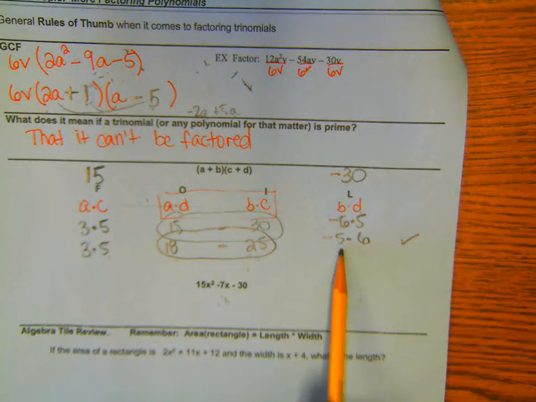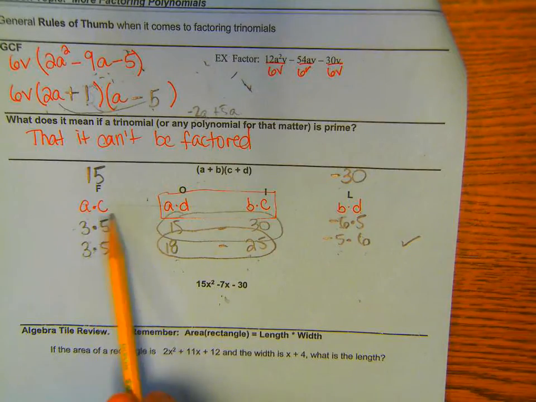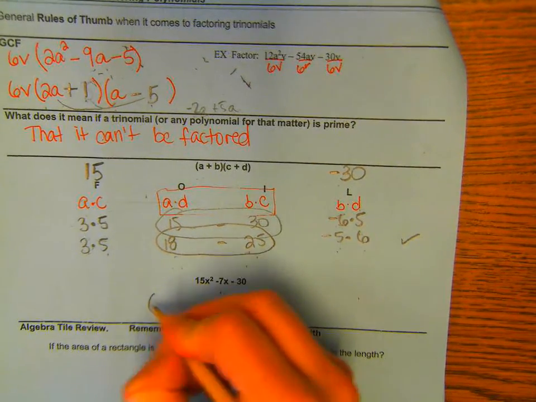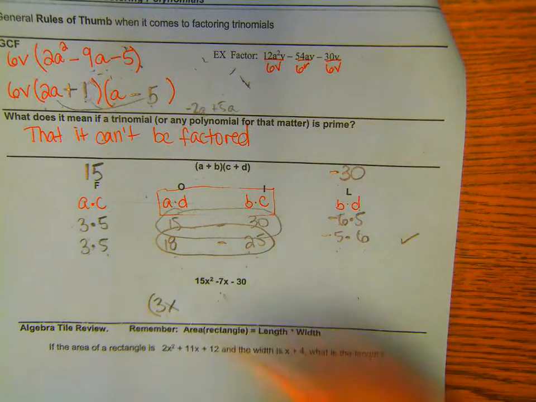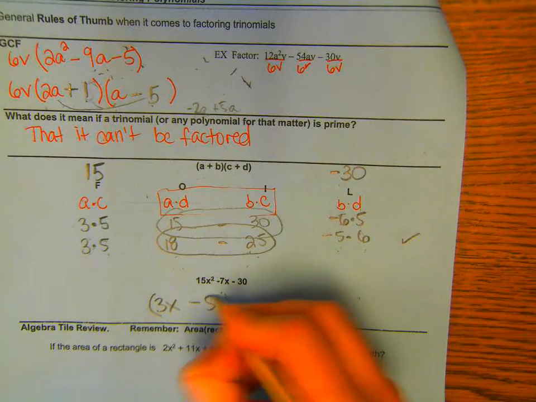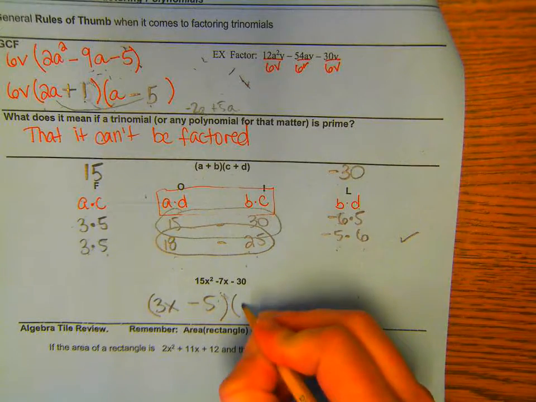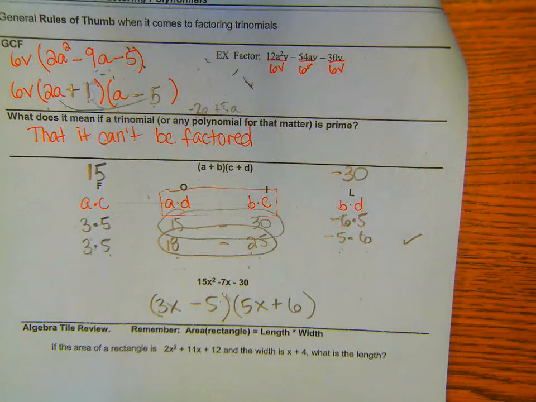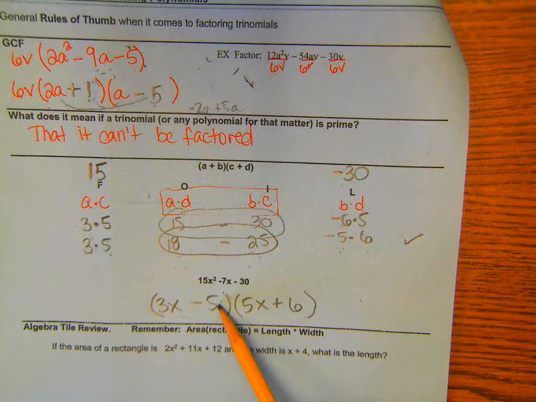A, C, B, D? Okay, here we go. So let's factor it. It would be 3x minus 5, 5x plus 6. Once again, when you check the outers and inners, you get 18x minus 25x, which gives you a negative 7x.